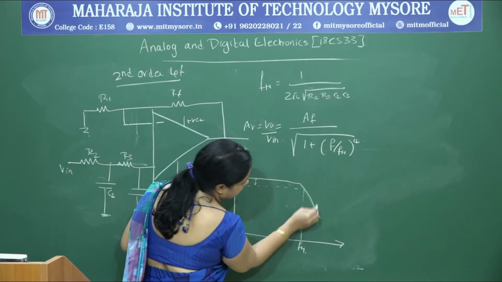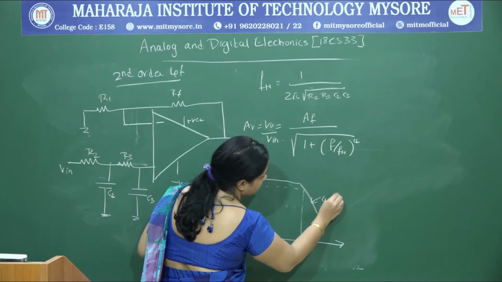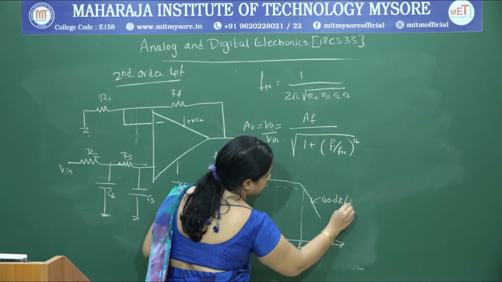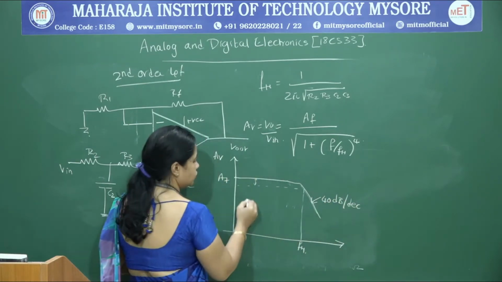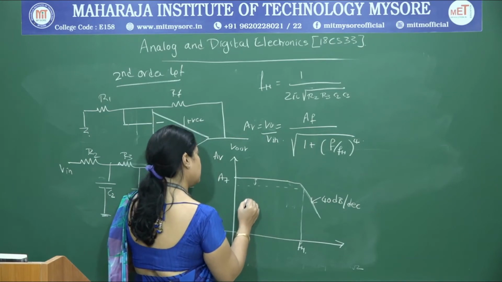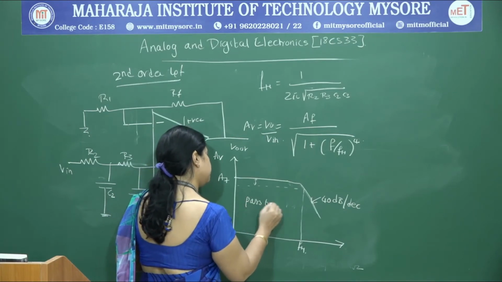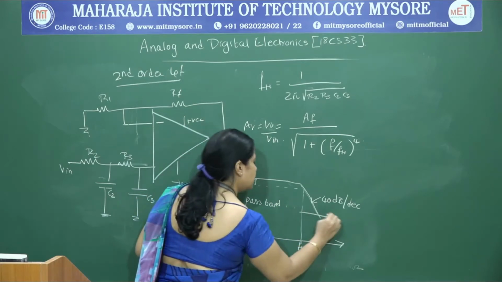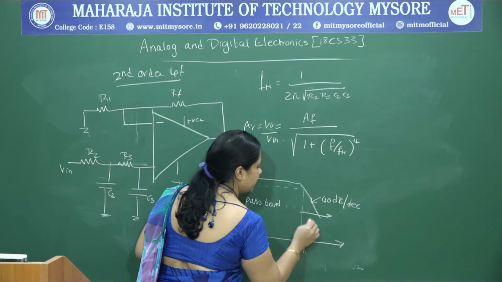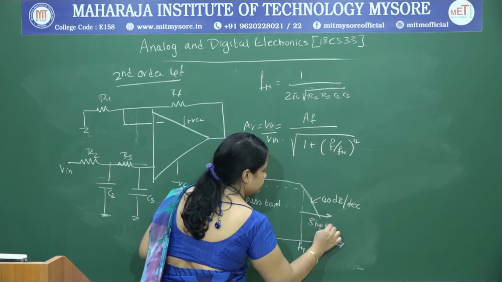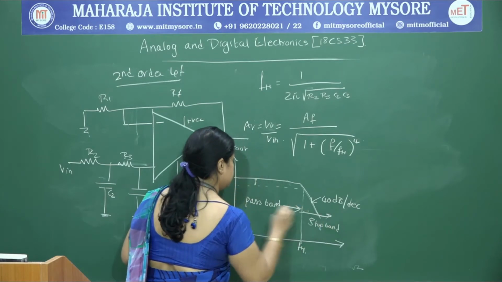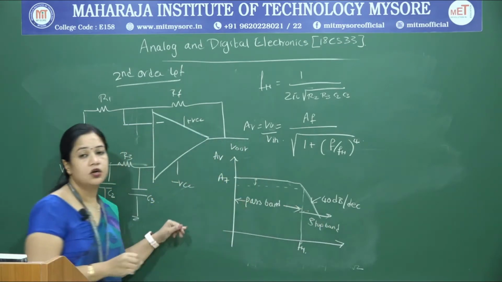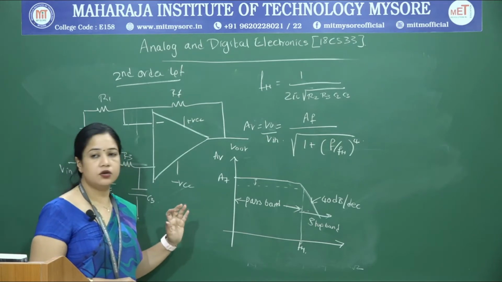You can see the roll down factor is going to be 40 decibel per decade. This is your pass band and you have an infinite stop band. This is how the frequency response of a second order low pass filter looks like.